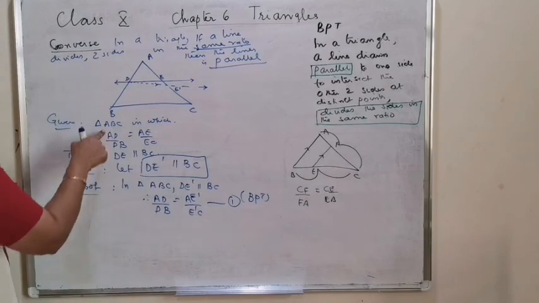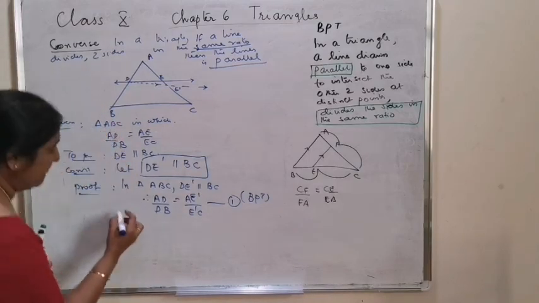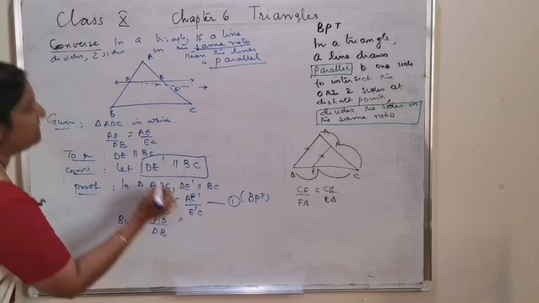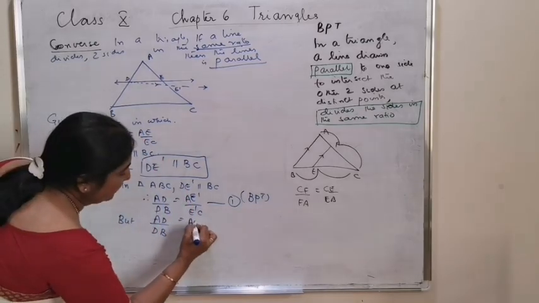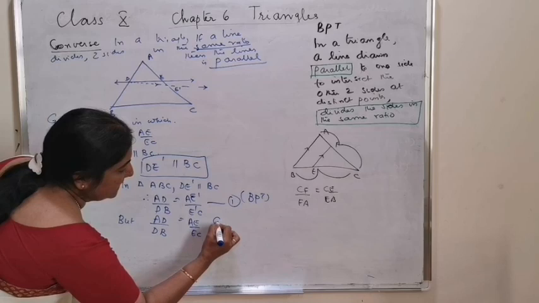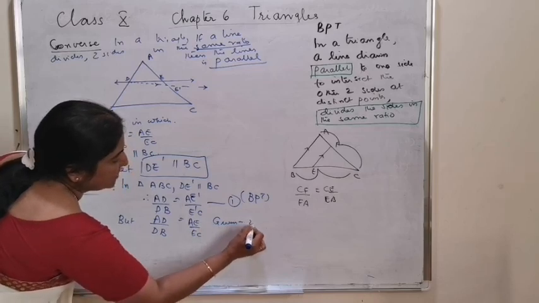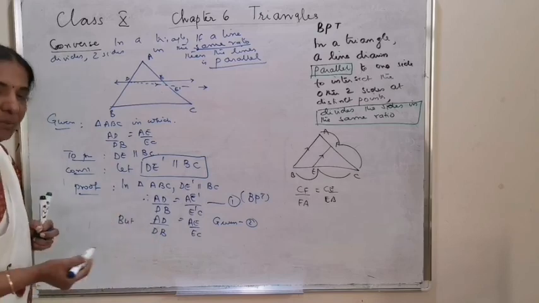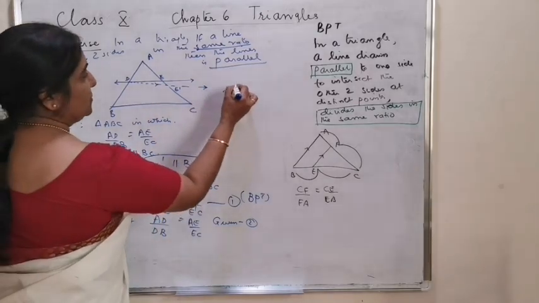But what is the given condition? It is given that AD by DB is equal to AE by EC, equation number 2. Since the left sides are equal, the right sides are also equal.